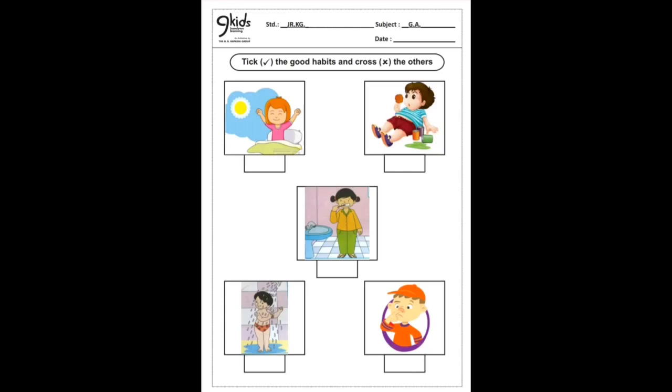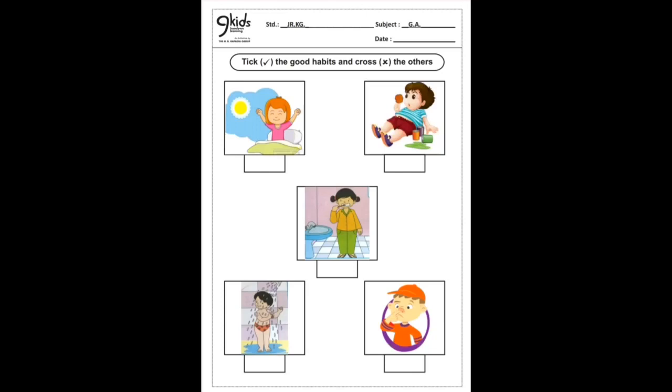Now, the third picture is a girl brushing her teeth. So, is it a good habit or bad habit? Yes, it is a good habit. So, we will put a tick mark in the given box.